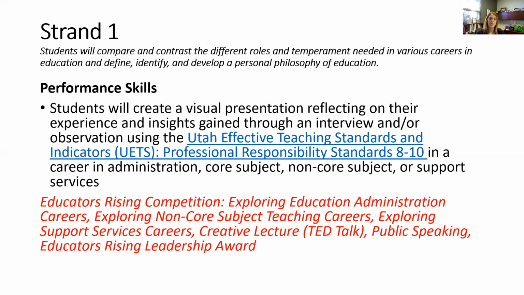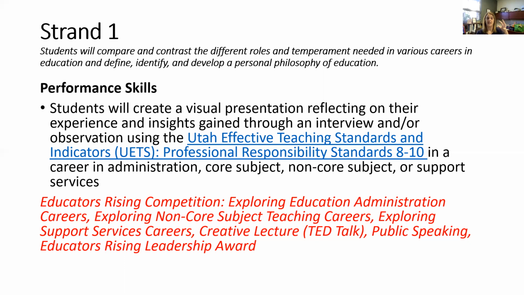On the Utah level, we have one competition. It's the state competition, and it is usually the end of February, 1st of March, somewhere in there, depending on if it's COVID or not. And students will have the opportunity to go and compete with the competitions that they've been working on for the year.